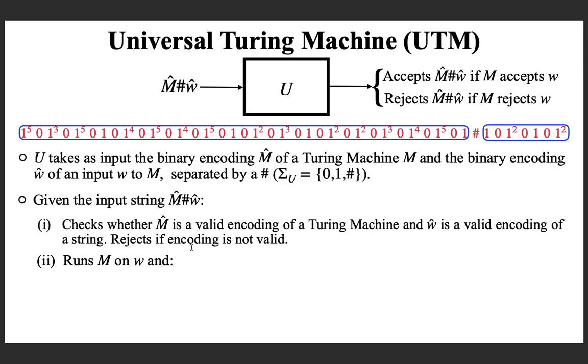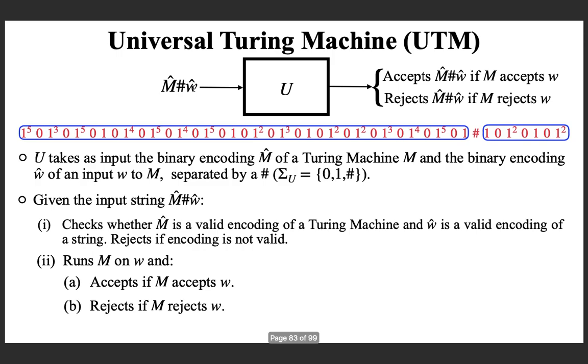What it is doing is, the universal Turing machine will run the Turing machine M on the input W, and it accepts if M accepts W, rejects if M rejects W. And recall that there is one more possibility, M may loop on W. So in that case the universal Turing machine also loops on W. So these are the three possibilities.